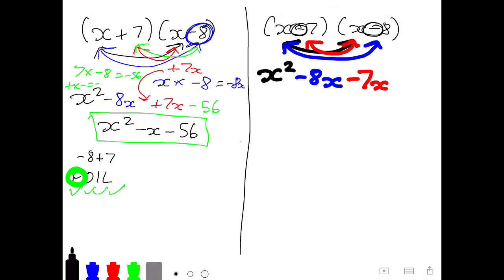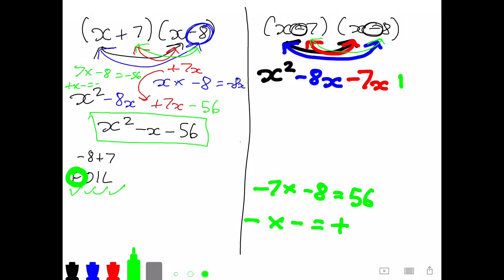And finally, I kind of made it a little bit messy, but the final two are -7 multiplied by -8. And remember that a negative multiplied by a negative gives you a positive. And so this will be just positive 56. So plus 56. And now again we simplify.